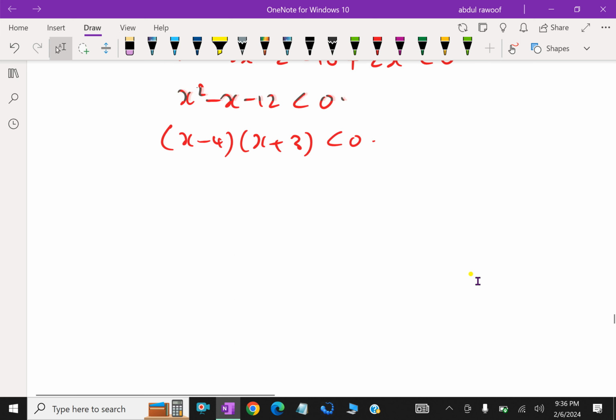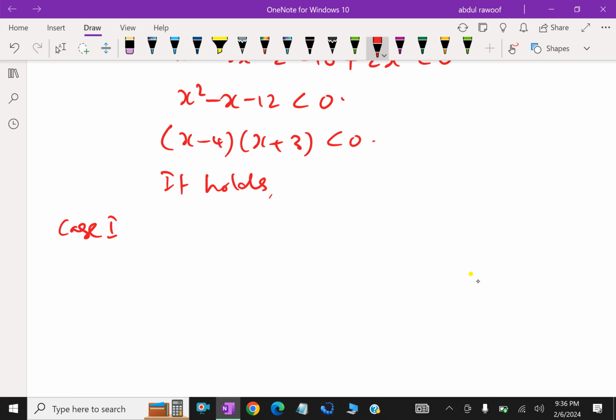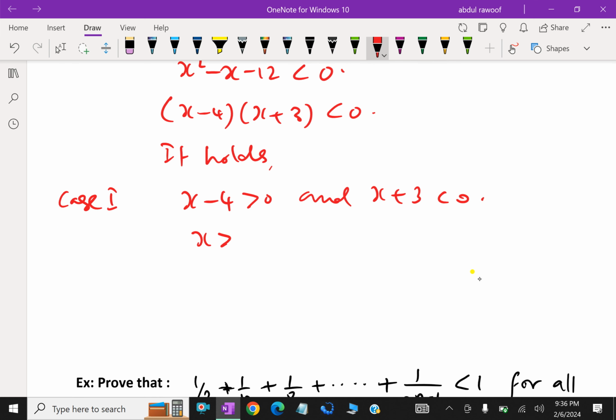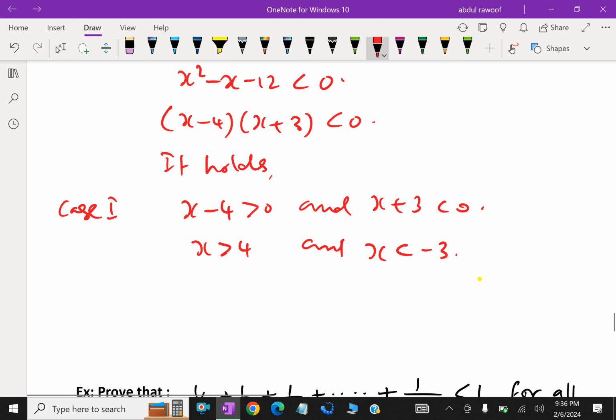Case 1, x minus 4 is greater than 0 and x plus 3 is lesser than 0. Therefore, you can say x is greater than 4 and x is lesser than minus 3.